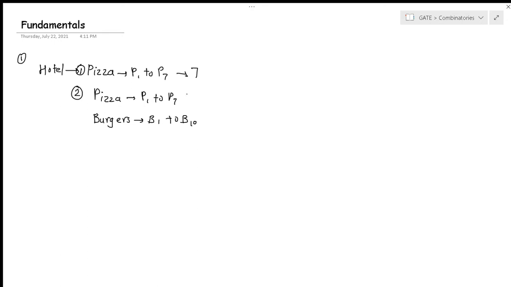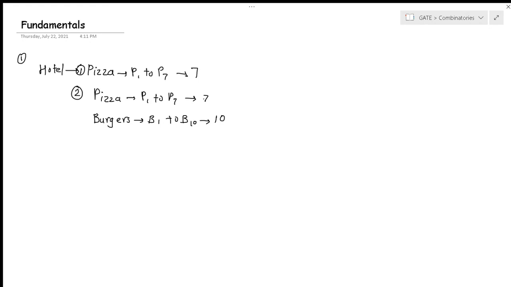A natural answer would be, I can eat any one of the seven, or I can eat any one of those 10. So how can we think of this? Either I am going to eat one of those seven pizzas, or I am going to eat one of those 10 burgers.